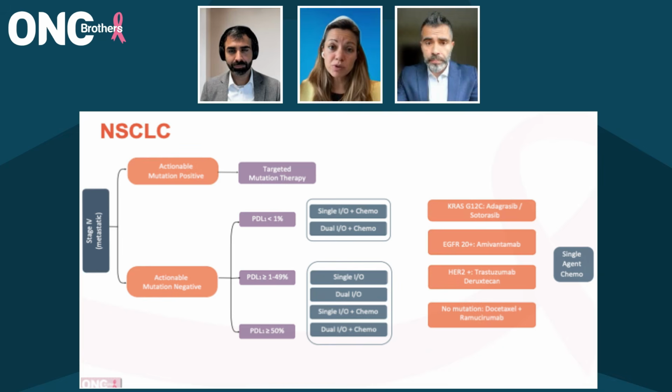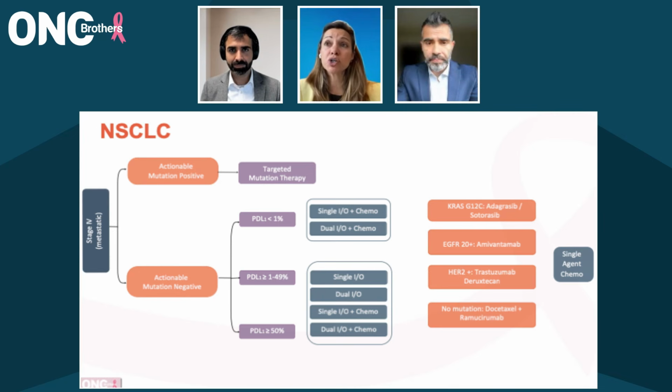However, if it's diffuse progression and you don't want to go play whack-a-mole, then you need to think about what other systemic therapy options we have. So there are 2 FDA-approved agents for patients with KRAS G12C alterations that have progressed on frontline therapy: sotorasib and adagrasib. Both of these are pills that target your cancer cells that have the KRAS G12C alteration.